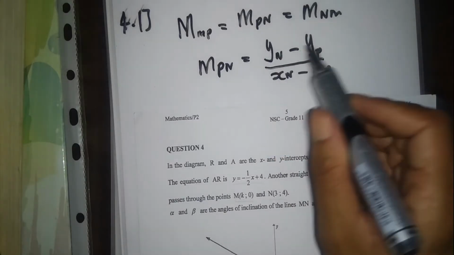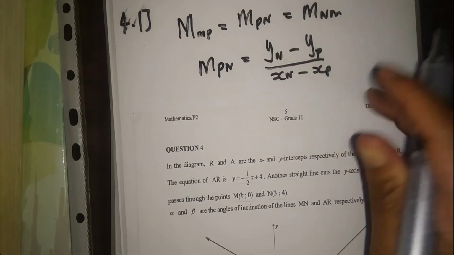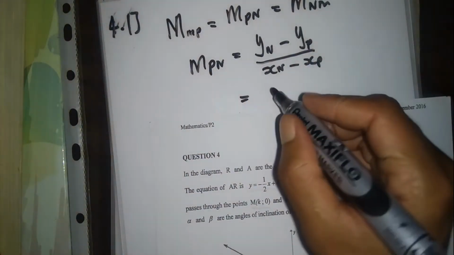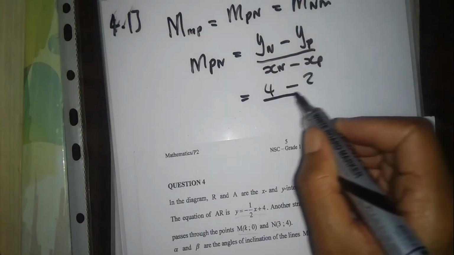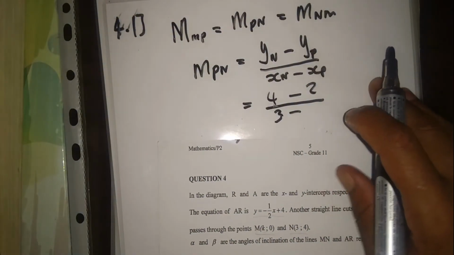Normally yP minus yN or xP minus xN, it doesn't matter, you get the same answer. yN is 4, yP is 2, xN is 3 minus xP, which is 0.